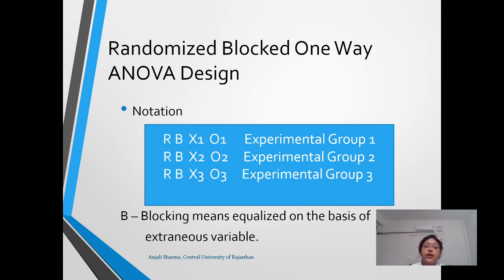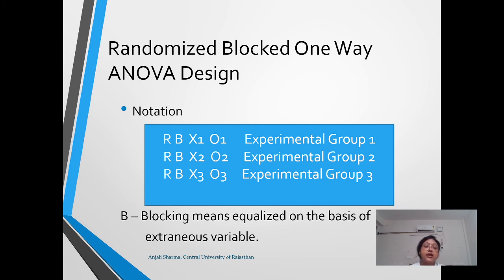Because in matching we use the same match. Like if someone has an intelligence level of 120, that figure should come in the pairing, so two units have a score of 120. One will go into the experimental group, and another unit will go to the control group.